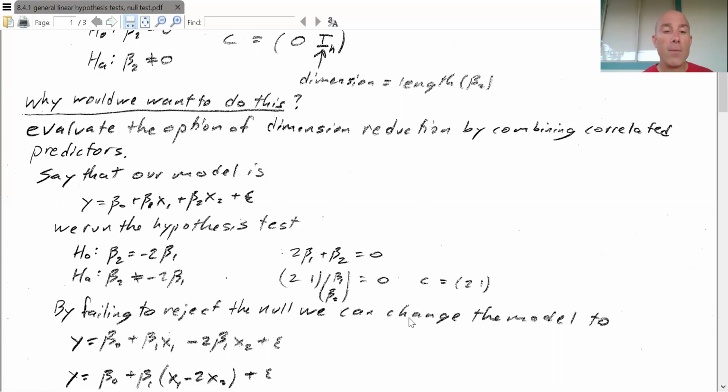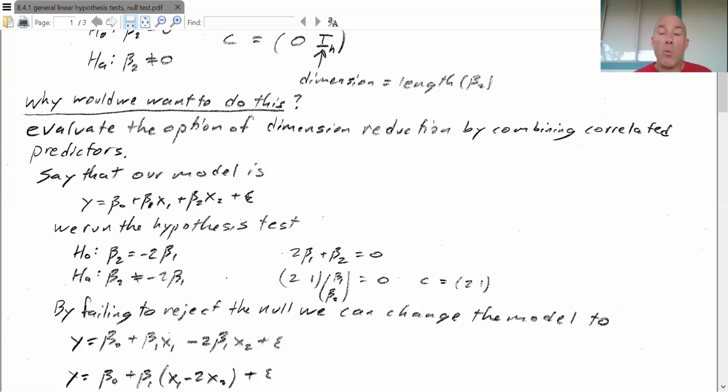Now, if we fail to reject the null hypothesis, then I know that beta 2 can be replaced by -2 beta 1. If I look at this, I could factor out the beta 1. And so a good way to do feature engineering would be to take x1 minus 2x2.